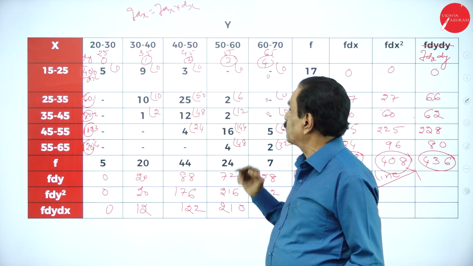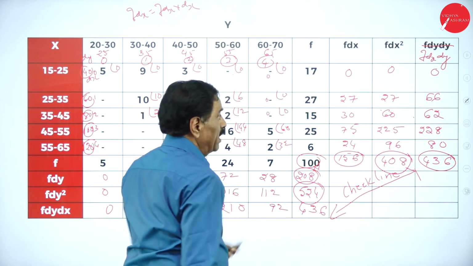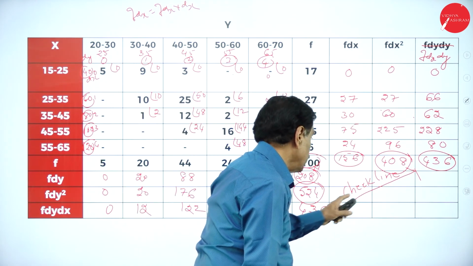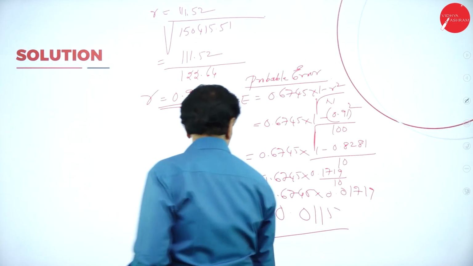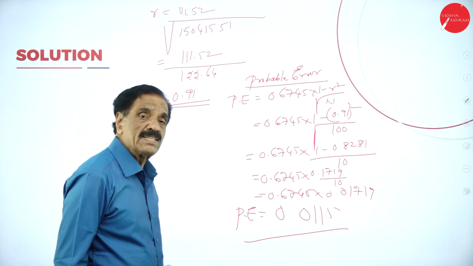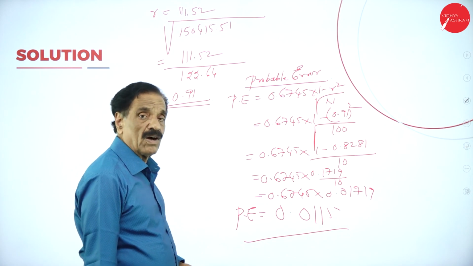You must be very careful. So when you check the line, f dx dy and f dy, this is called check line, both should be one and the same. And the probable error less than 0.01 is the perfect result you got.